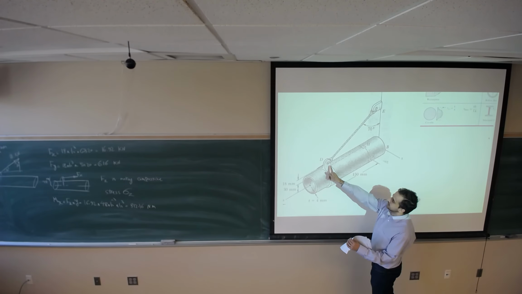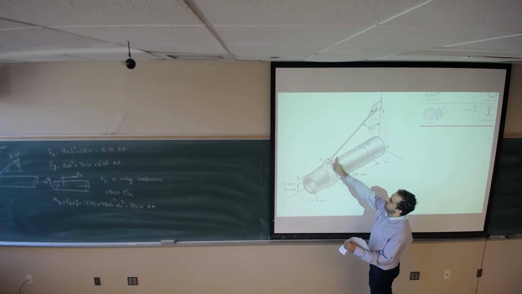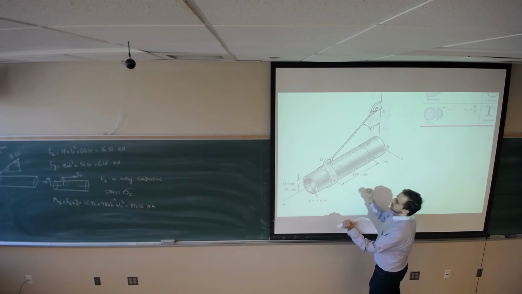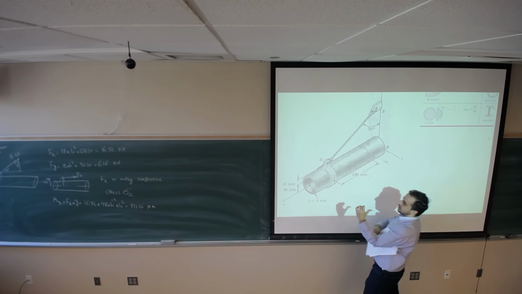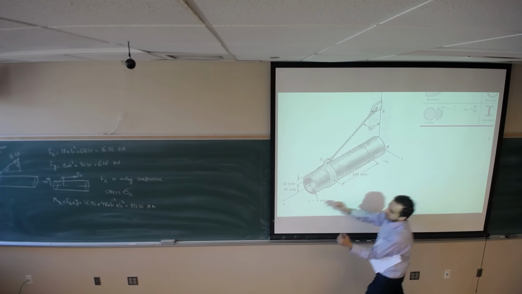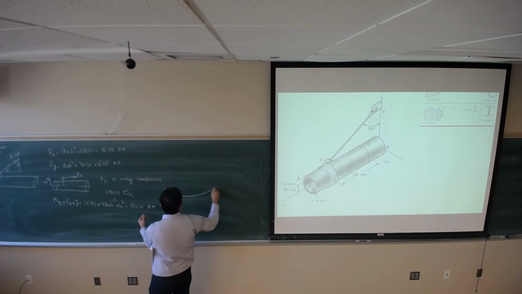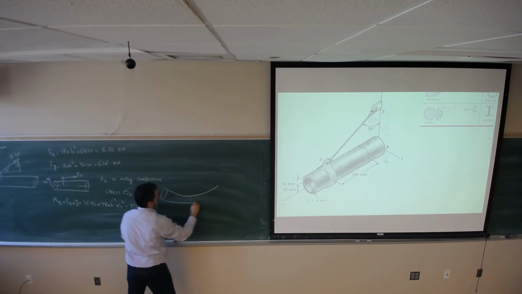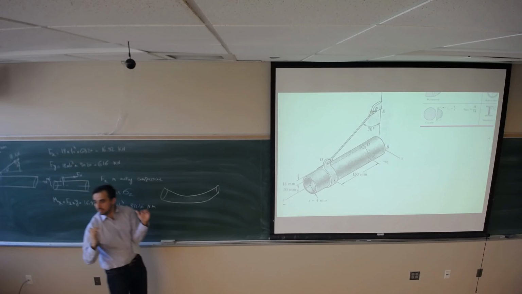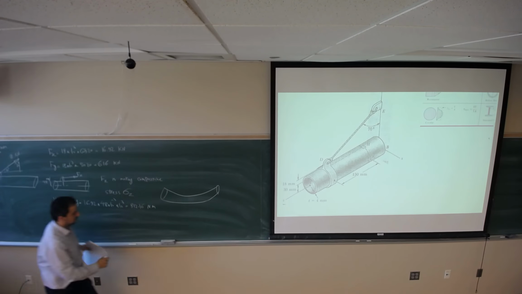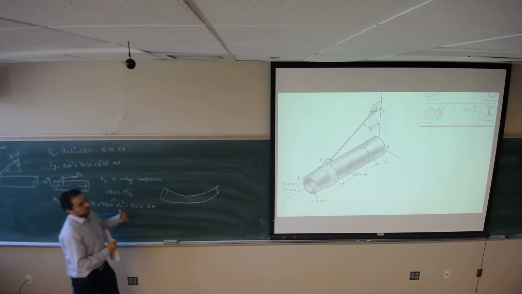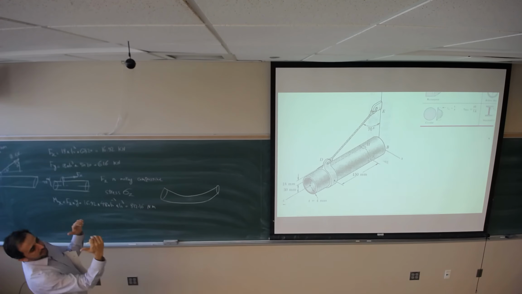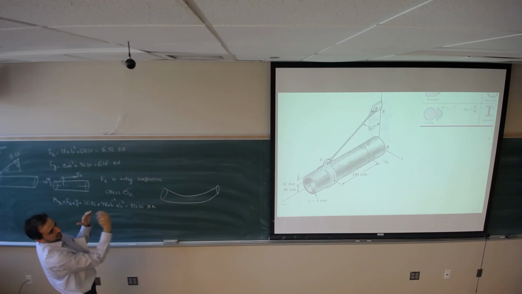So just look at the direction of the force, and the moment is going to make a bending in this direction. It's going to bend the pipe something like this. Make sense? So if it's making the bending moment in this direction, just put your fingers in the direction of rotation.